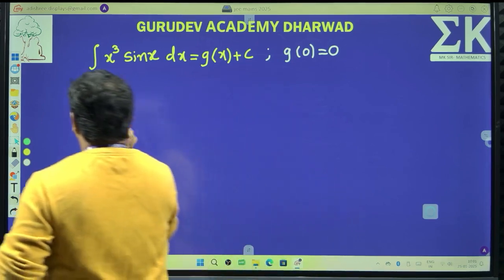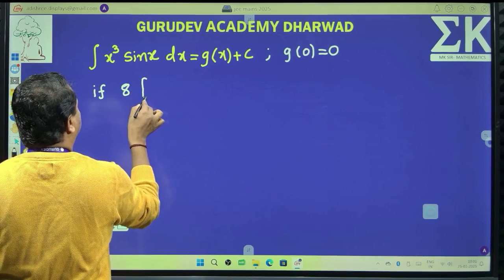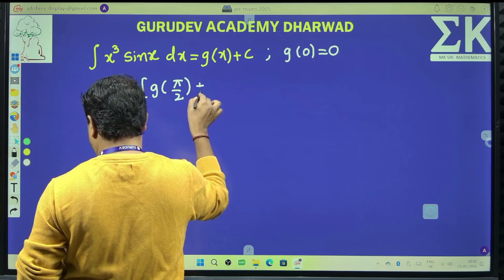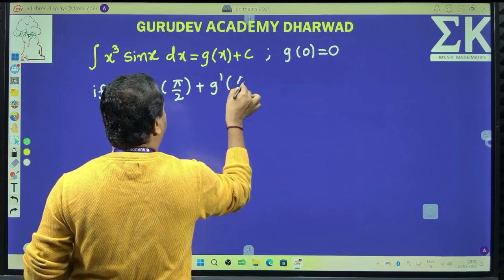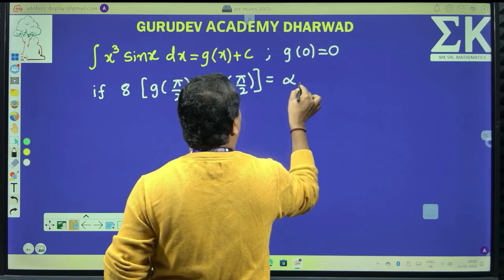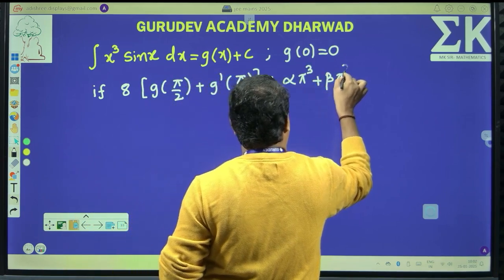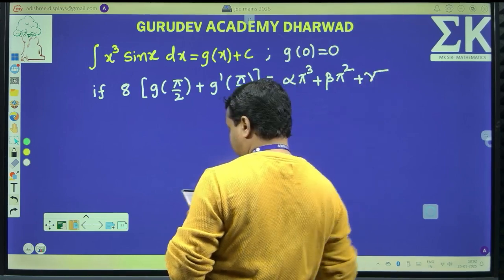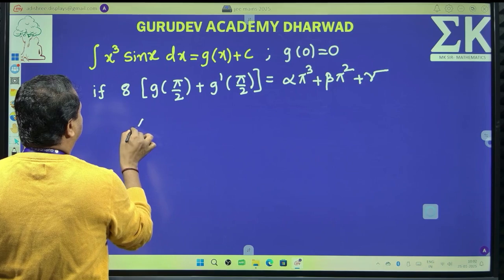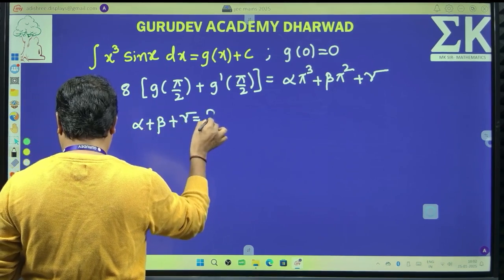If 8 times g of pi by 2 plus g dash of pi by 2 is equal to alpha pi cube plus beta pi square plus gamma, where alpha, beta, gamma are integers, then what is the value of alpha plus beta plus gamma?